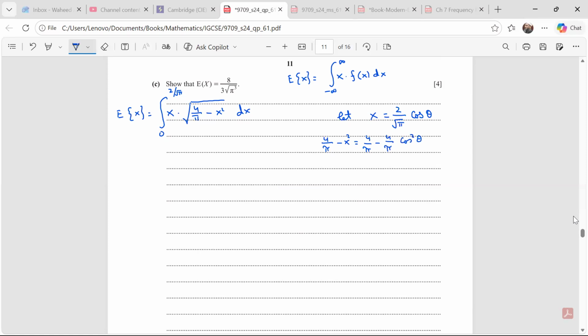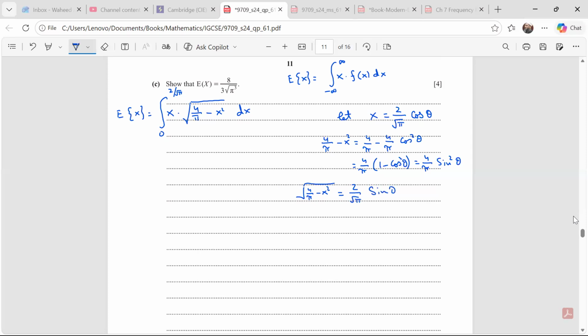Am I right? If I take 4 over pi common, it will be 1 minus cos squared theta, which is sine squared theta. So it's going to be 4 over pi into sine squared theta. And the root of 4 over pi minus x squared would be equal to 2 over root pi into sine theta.